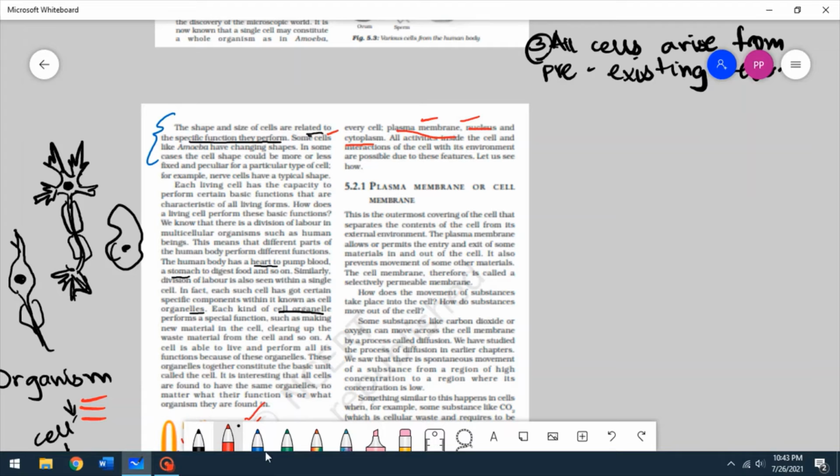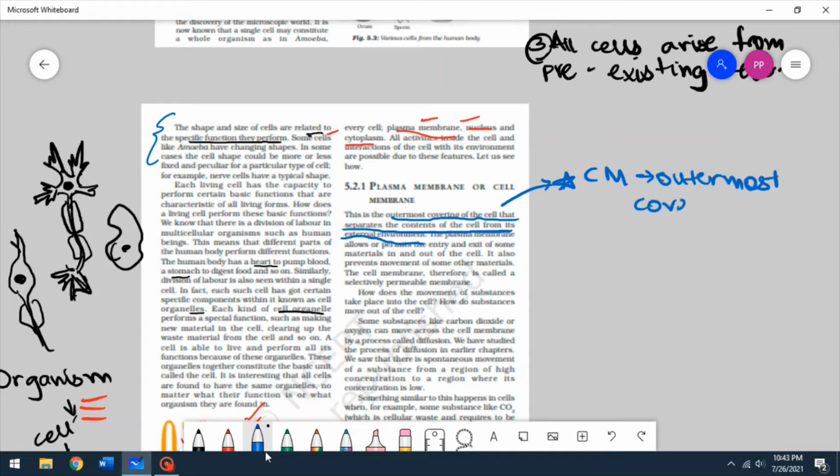First we're talking about the plasma membrane. This is the outermost covering of the cell that separates the contents of the cell from its external environment. Here I would like to make a side note: the plasma membrane, I'm going to write PM, or the cell membrane, CM, is the outermost covering for animals only.